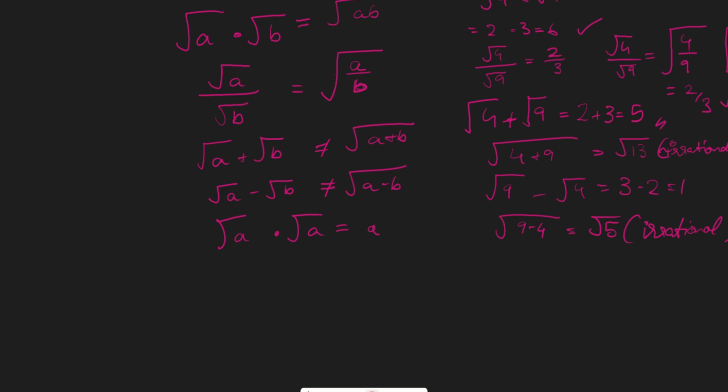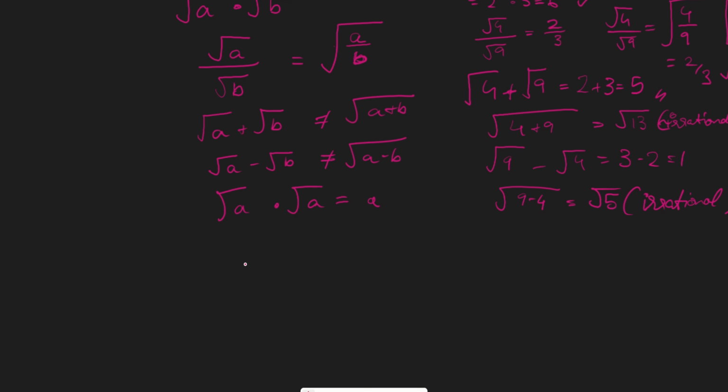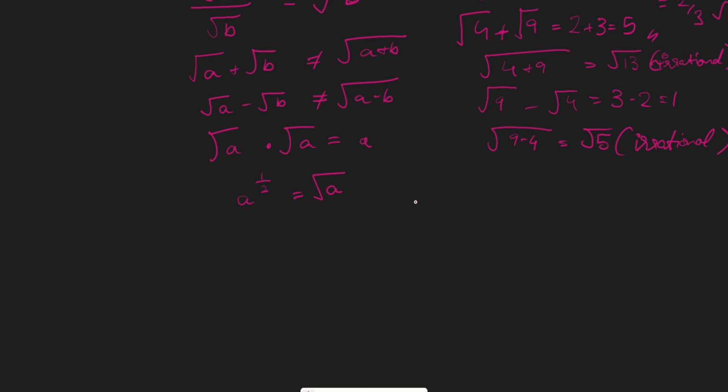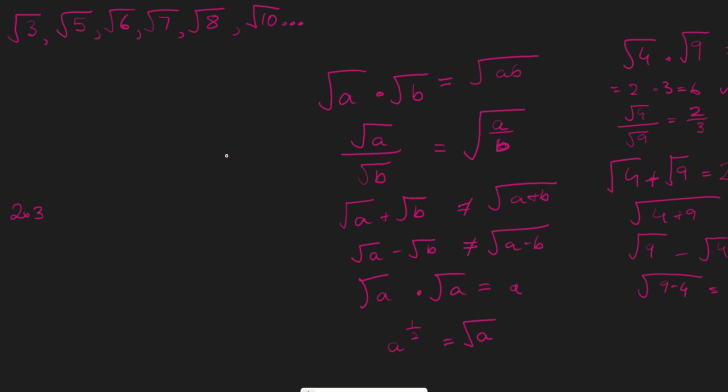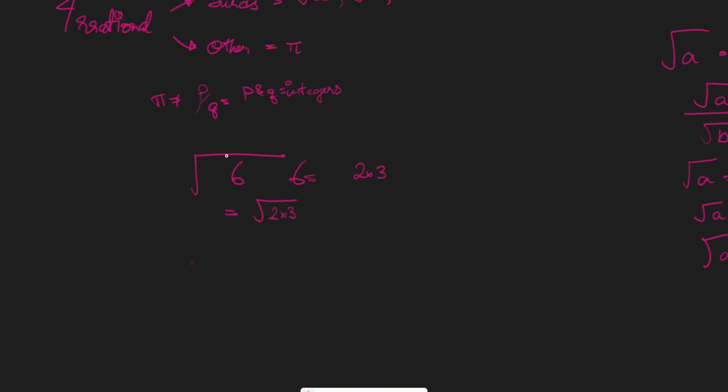And a to the power of 1 by 2 is the same as writing root of a. That is useful when we consider indices. These are the elementary rules for surds.